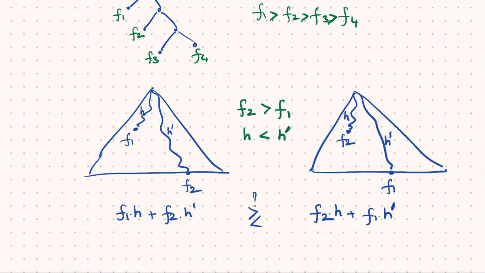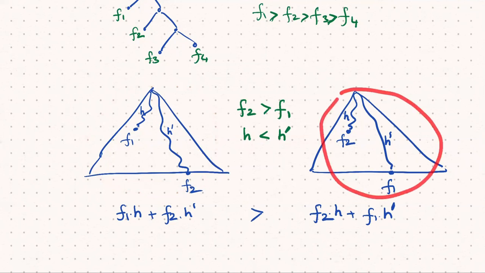So we will see that over here, this is going to be greater than this. Okay. So what we are saying is that the cost of this tree is greater than the cost of this tree, right?